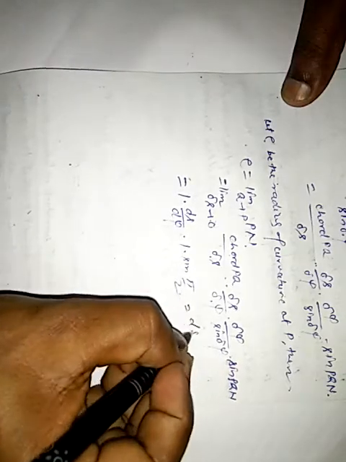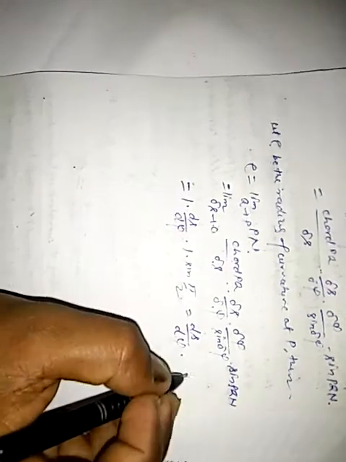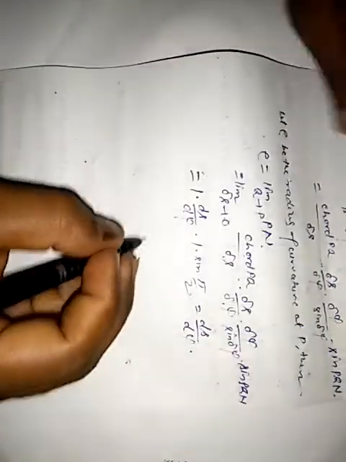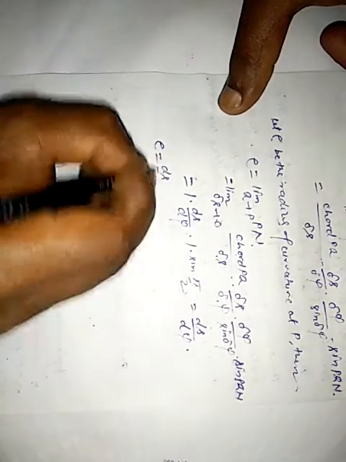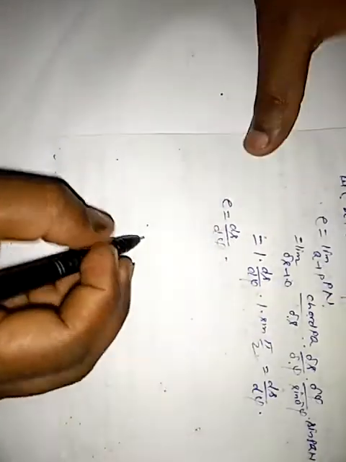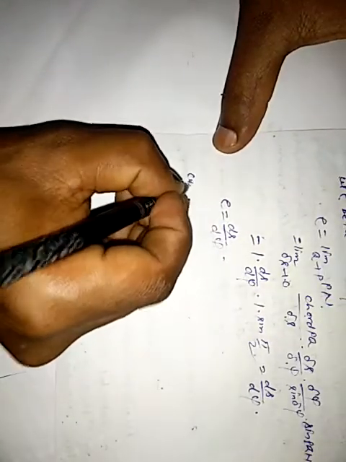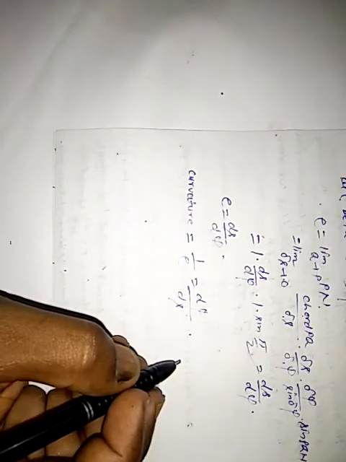It implies ds upon d psi. So rho is equal to ds upon d psi. This is the radius of curvature. Now curvature is equal to 1 upon rho, that is d psi upon ds. This will be the definition.